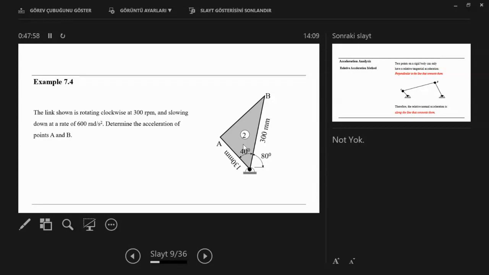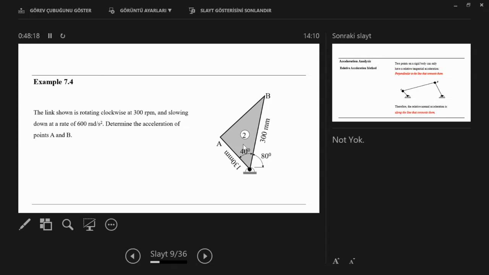But we have omega already, 600 radians? No, this is not omega. This is alpha, the angular acceleration, in radian per second square, slowing down. So the omega is equal here.